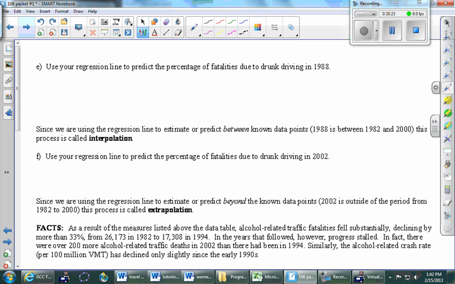Okay, next page, part E. Come up here to SevTab. Thank you. So I'm just going to write my equation again here.